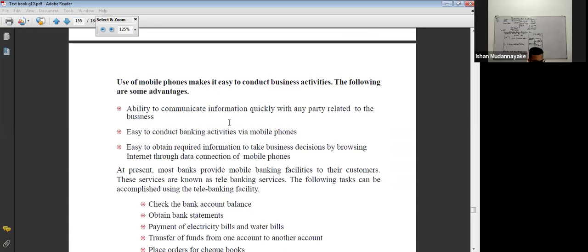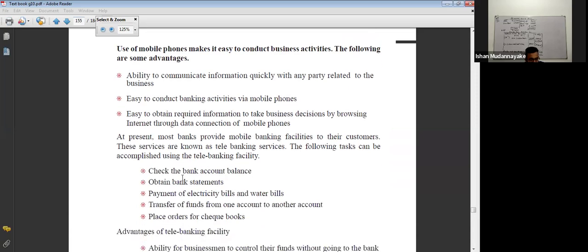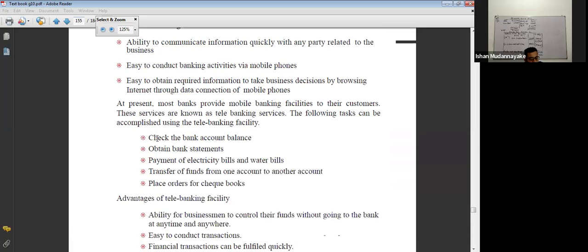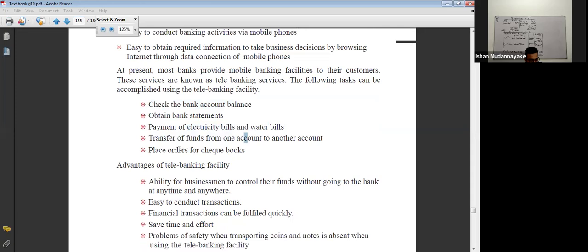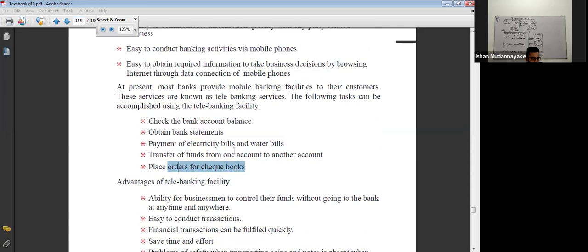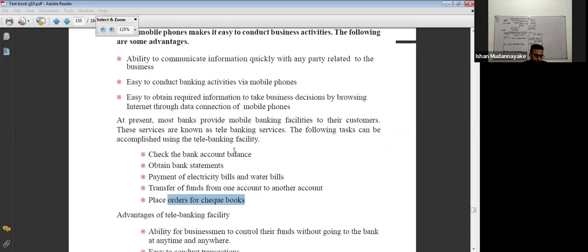Right, Lamai? For the advantages of e-banking services, you can modify the telebanking advantages. Check the account balance, obtain a bank statement, pay electricity and water bills, transfer funds from one bank account to another, place orders for checkbooks.